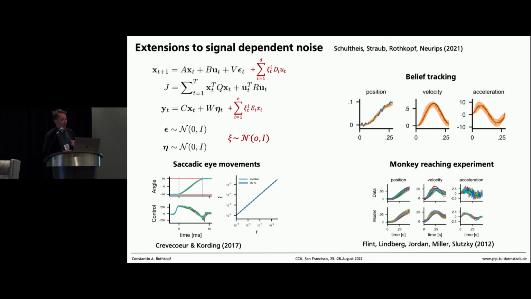Last thing maybe to show, well, we also extended this to signal-dependent noise. So if you're interested and maybe come more from the motor control side, we are looking at optimal control with signal-dependent noise. We also have an inference method where you can now recover the cost functions from those types of experiments, where you again can do belief tracking.